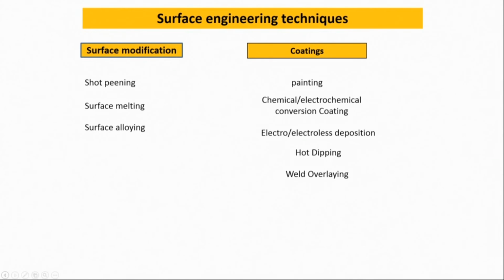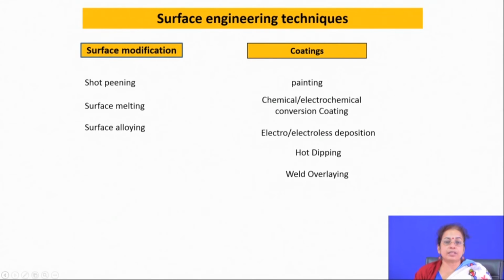They may be categorized into two types, one is surface modification, another one is surface coating. Surface modification deals with a series of techniques where you modify the existing surface, so that it is part of the surface, part of the component. On the other hand, coating deals with a series of techniques where you apply completely another layer on the surface.